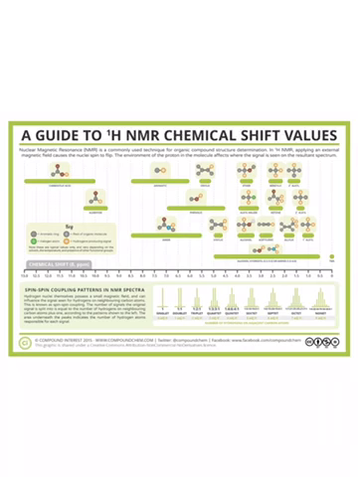And this is a guide to proton NMR chemical shift values, which can be really beneficial to make sure that you have the correct structure and the correct functional groups that align with the peaks shown in the proton NMR graph.